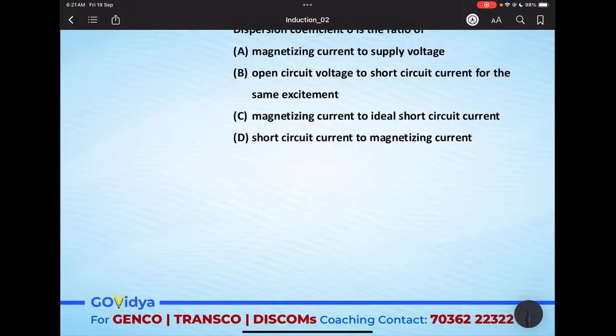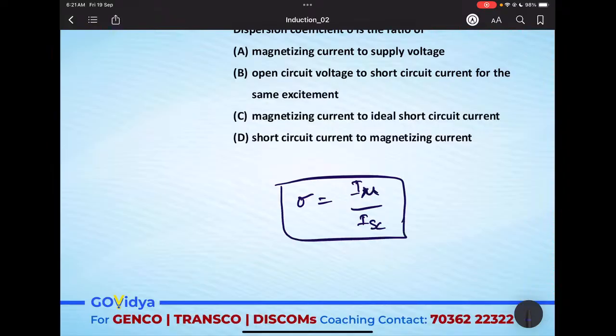Dispersion factor sigma is the ratio of magnetizing current to short circuit current, I mu by ISC. It is used to measure the leakage flux. This factor is indicating the leakage flux. So our option will be C.